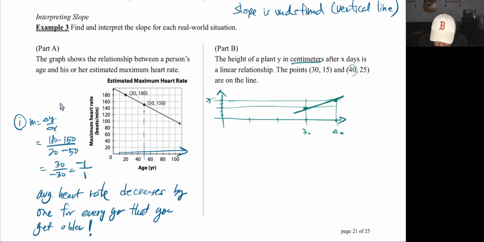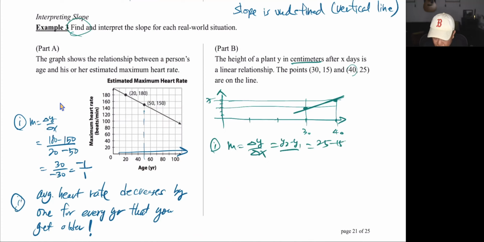So according to number 1, find. Sorry, that should have been 2 right there. Okay. Number 1, let's find the slope. Slope is change in y over change in x, right? And my 2 y values, remember y2 minus y1. You don't have to write that out, but it helps if you do. 25 minus 15.